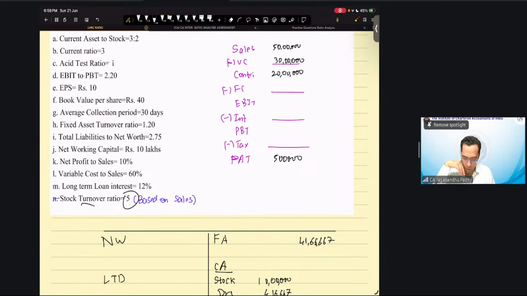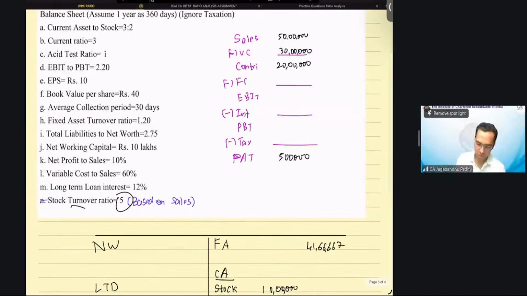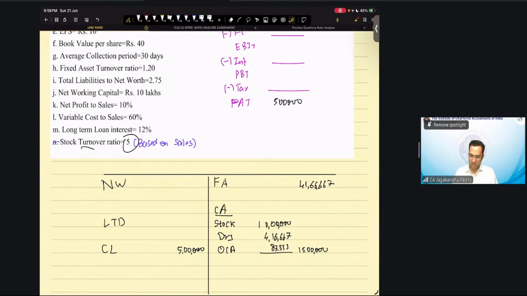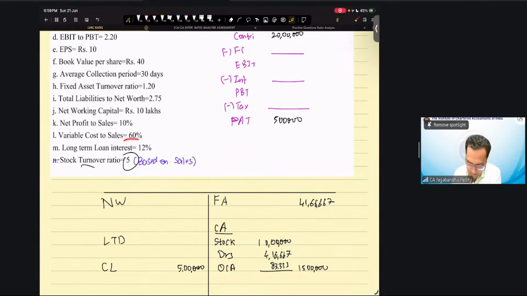Then long-term interest rate is 12%. That's not there. So how do we go about the other parts now? What we need is the value of net worth and long-term debt. Variable cost to sales is done. Net profit is computed.